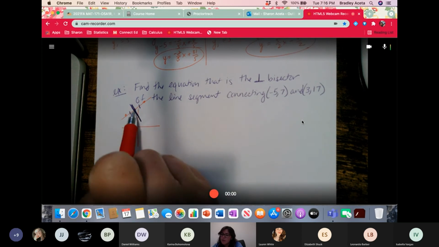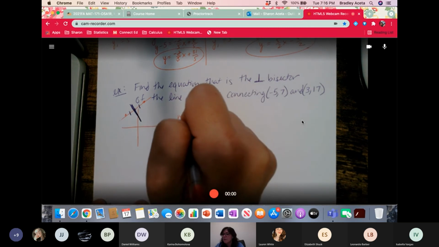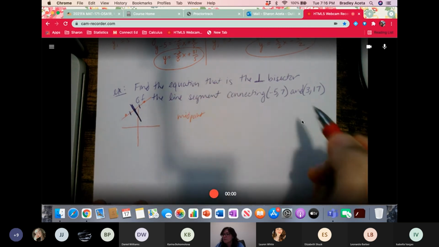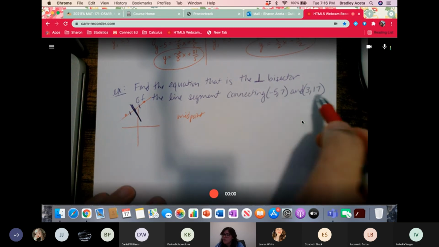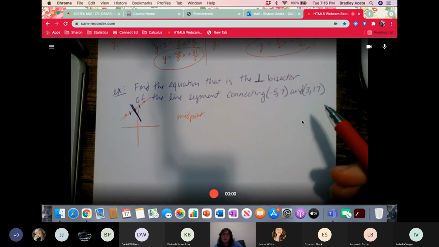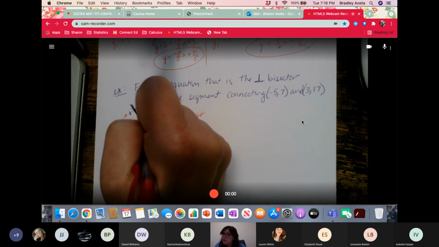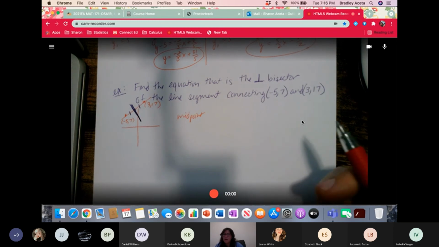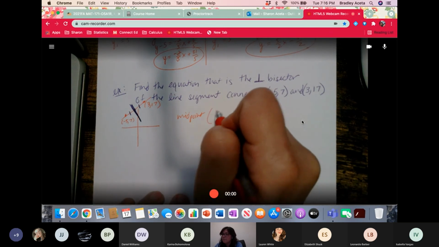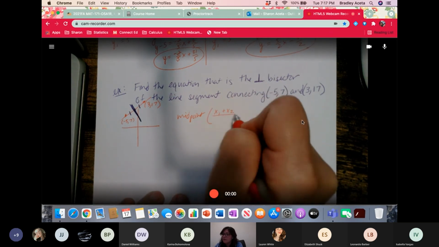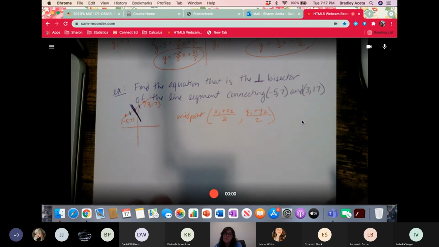So really that point that I'm looking for is, if you remember, the midpoint. I need a midpoint. So I need the midpoint of these two points right here. This again would be (-5, 7), and this one being (3, 17). So if you remember how to find a midpoint, you add your x's, divide by 2, add your y's, divide by 2.